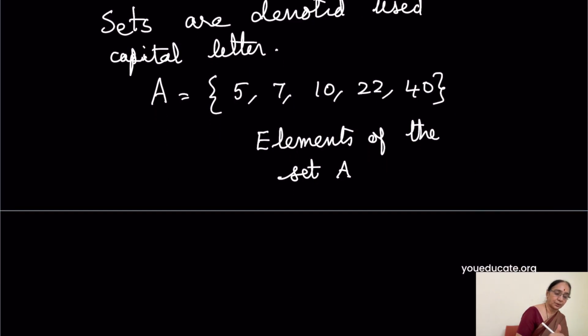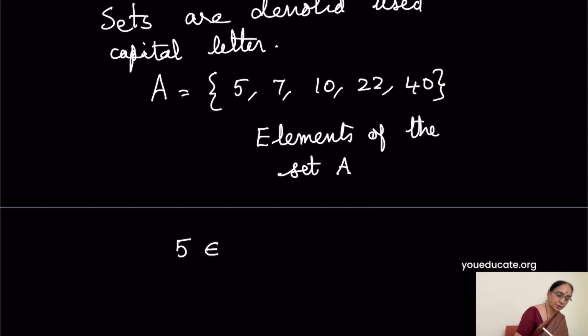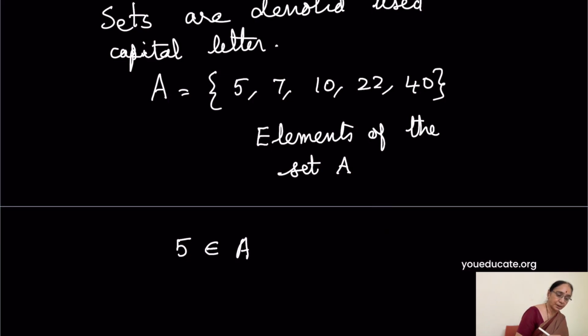Now how do I denote that? I use this Greek alphabet. 5 belongs to A. So this symbol which I write here is belongs to. 40 belongs to A. So this you read as belongs to, is a member of. Right.